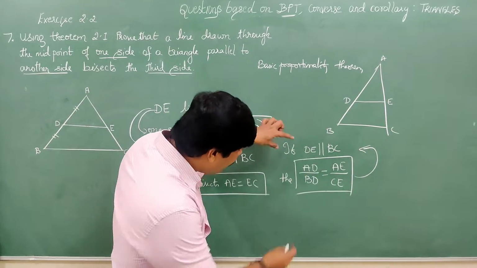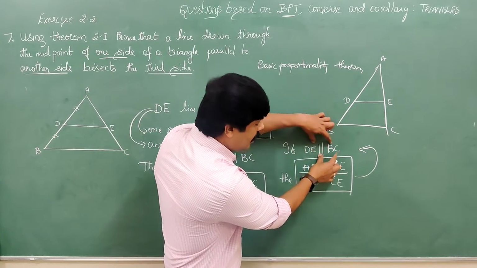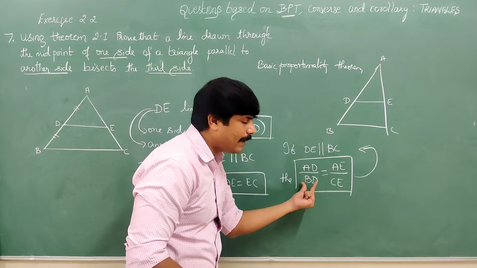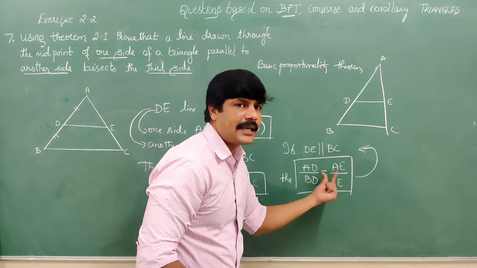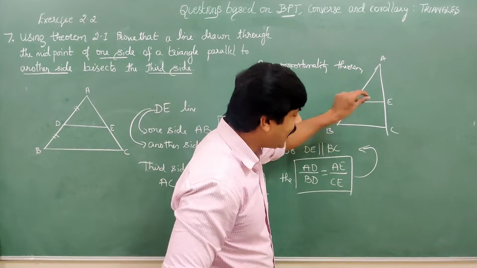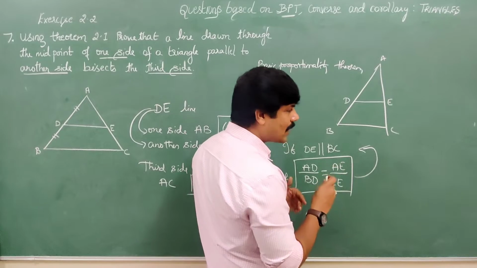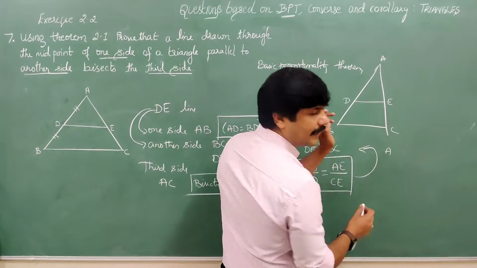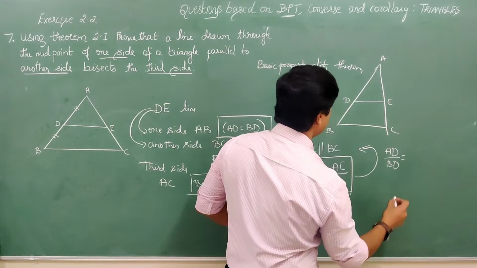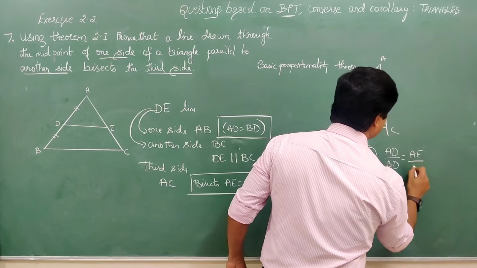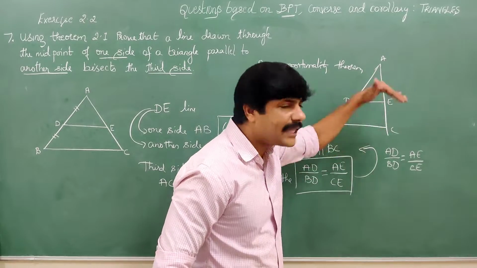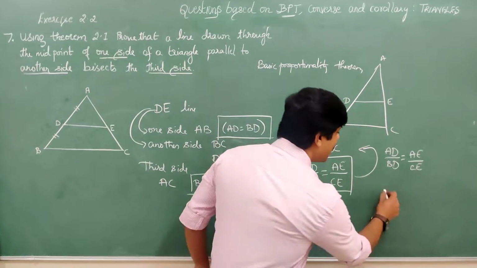In the converse, if a line DE divides the other two sides so that AD by BD is equal to AE by EC, that is, in the same ratio, then this line is parallel.